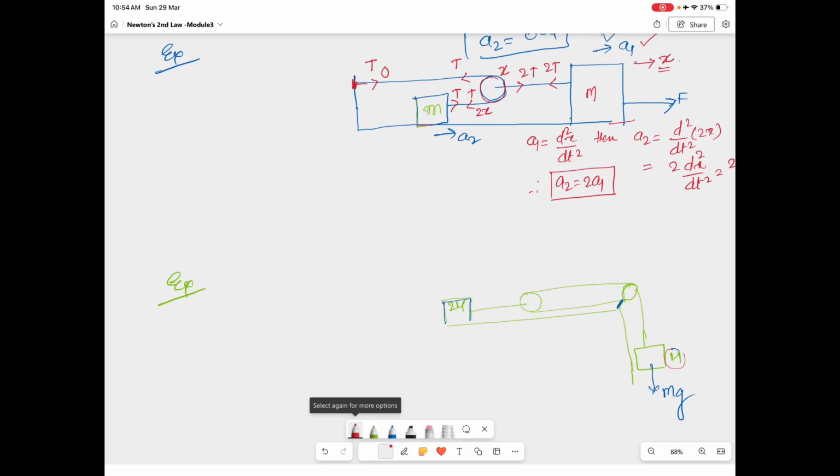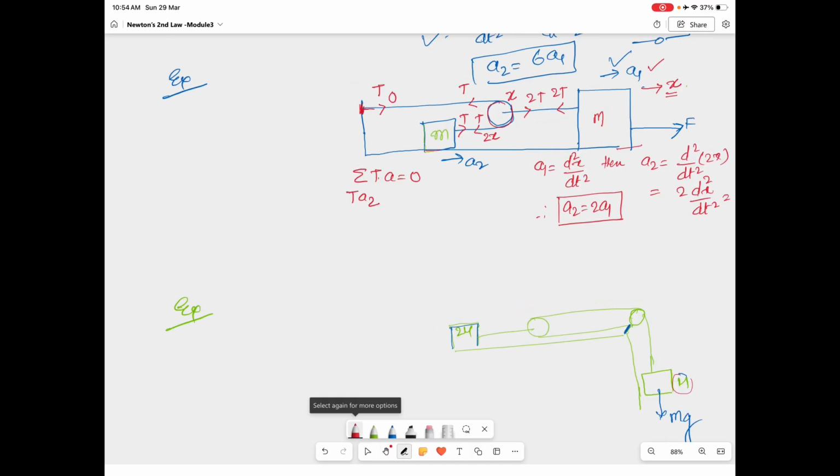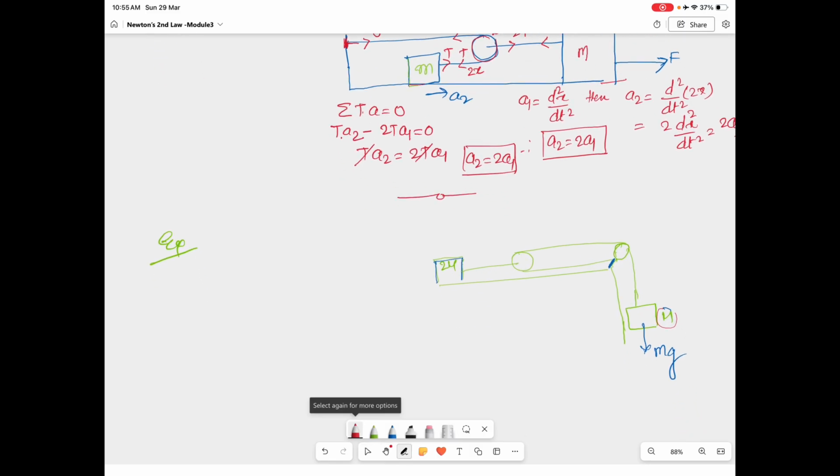If I apply sigma T dot A is equal to 0, then T times A2, because T and A2 are in the same direction for small mass m, and for capital mass M, 2T and A1 are in the opposite direction, minus 2T times A1 is equal to 0. So I can write T times A2 is equal to 2T times A1. T and T get cancelled. So what we get? A2 is equal to 2A1. So it becomes very easy from this concept also.